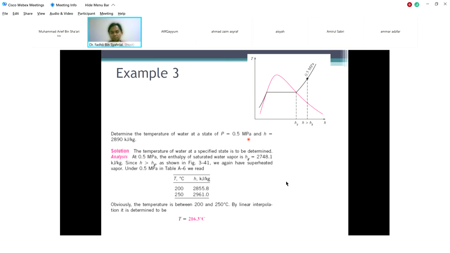So I already explained just now, there is a hint on how to choose between TV and PV. If pressure is given, draw TV, temperature versus specific volume. If temperature is given, then we have to draw the PV diagram, pressure versus specific volume.